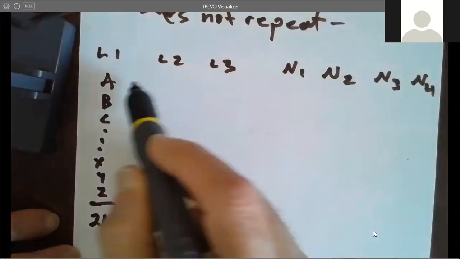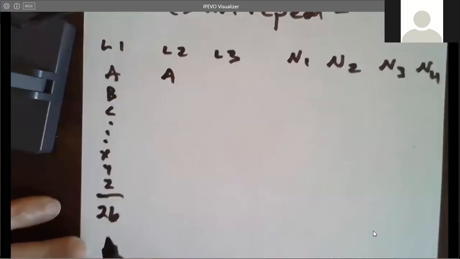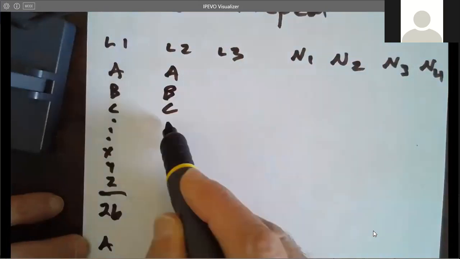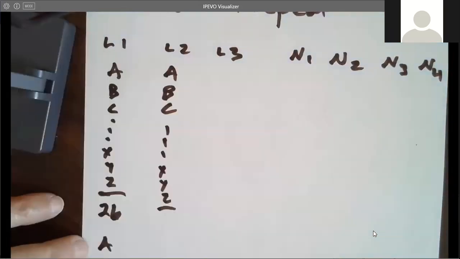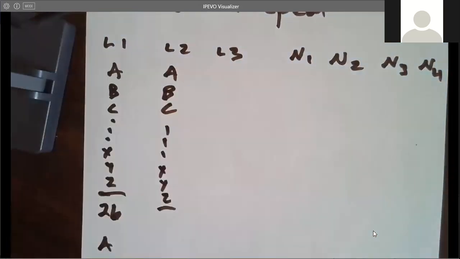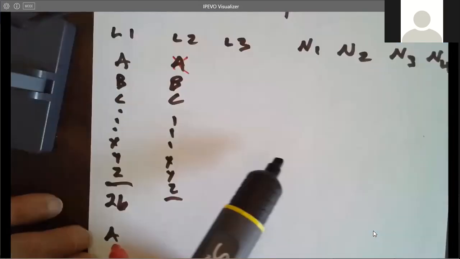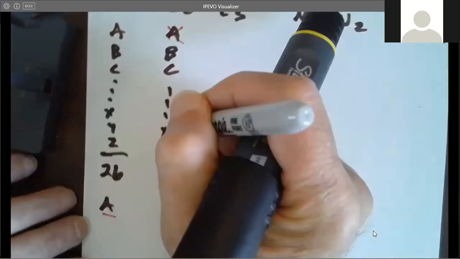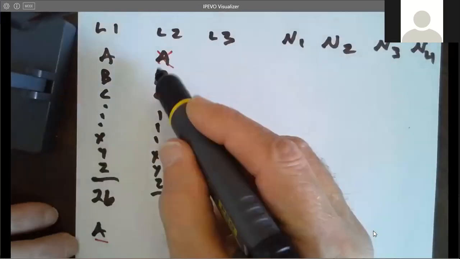So let's say we chose A for the first letter. If A was chosen here, then we can't use A in the next letter because you can't repeat. So that means there's one less.